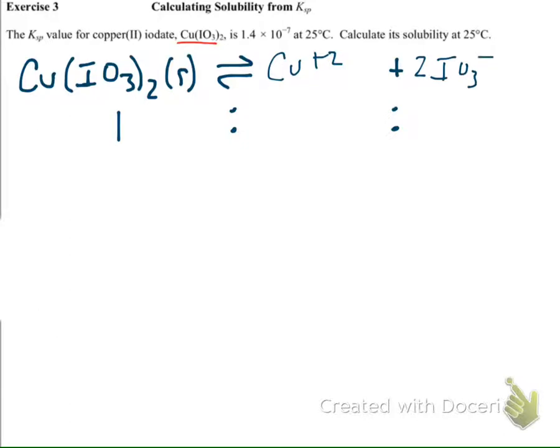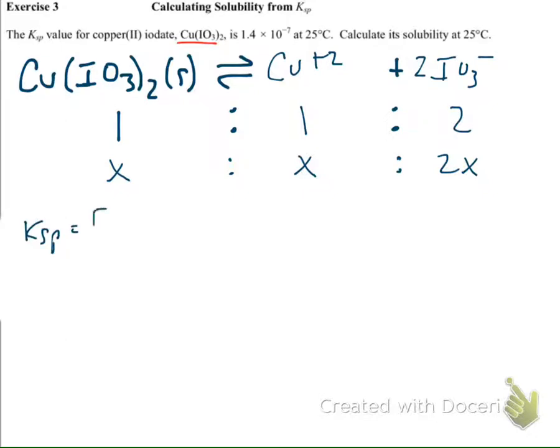We can say it's a 1 to 2 ratio. Just like the last problem, we are looking to solve for a value for this. So we need to plug in some x's. This would be x, this would be x, and this would be 2x.